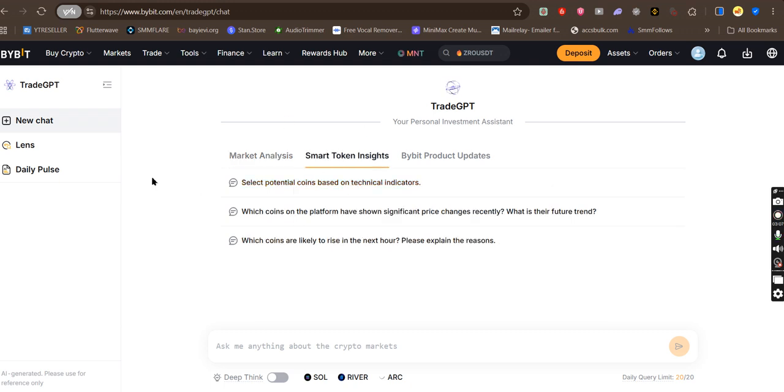You can get smart token insights like selecting potential coins based on technical indicators. Which coins on the platform have shown significant price changes recently? What is the future trend? Which coins are likely to rise in the next hour? Please explain the reasons. So you see, this is very key. We'll come back to do a video on these topics.